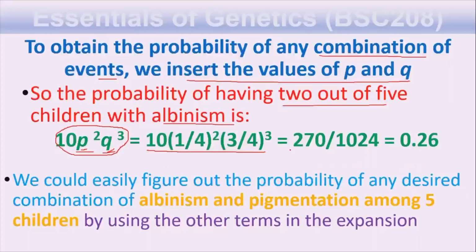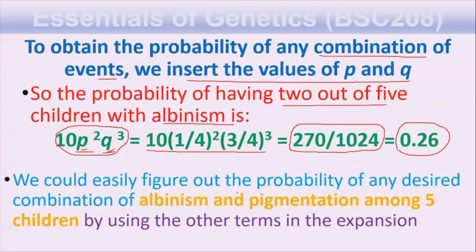So this probability is 270 out of 1024 events. There is a chance that this family will have two affected children and three normal children. So when we write this probability in decimal, then it is 0.26.